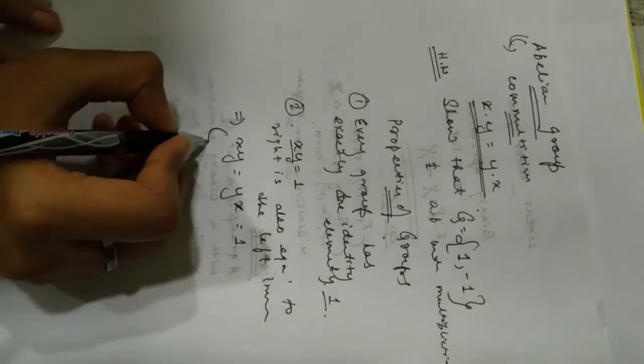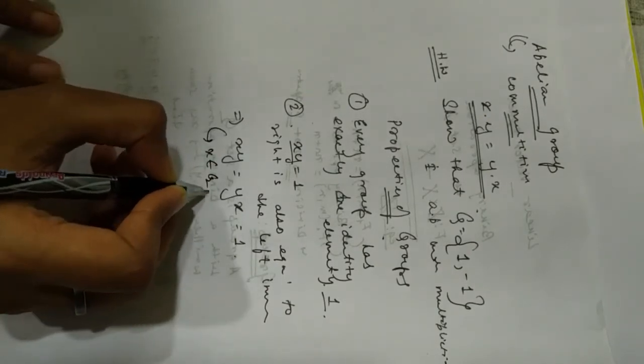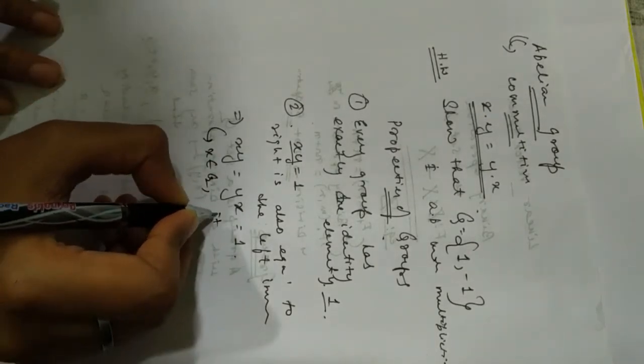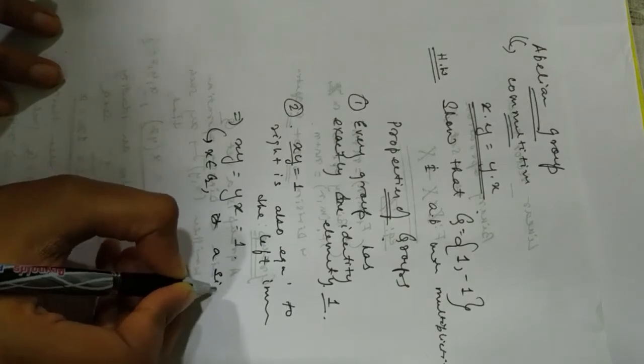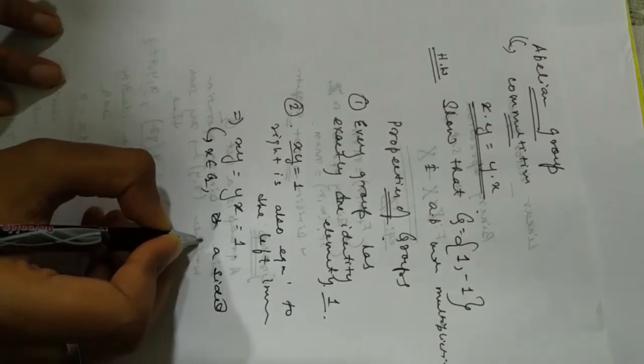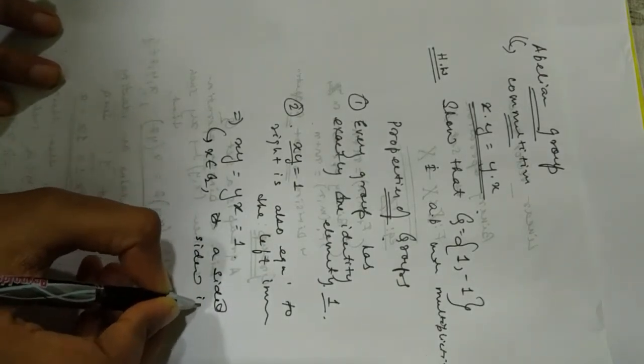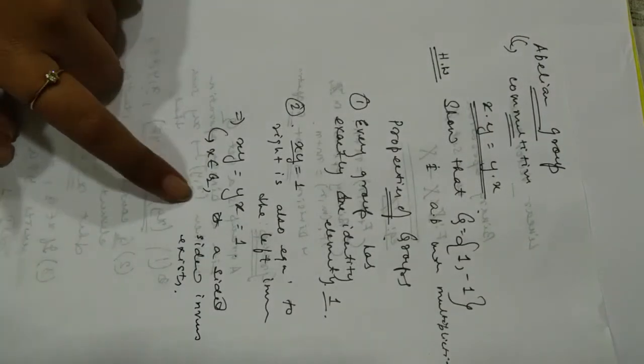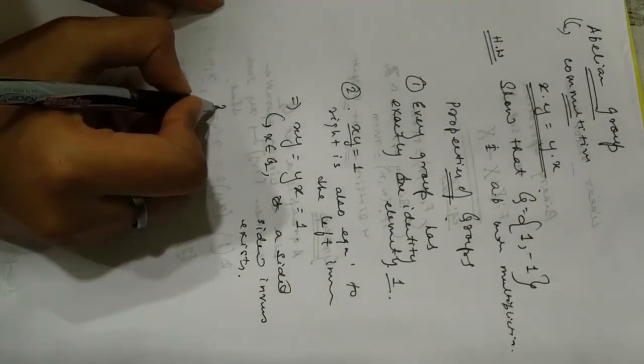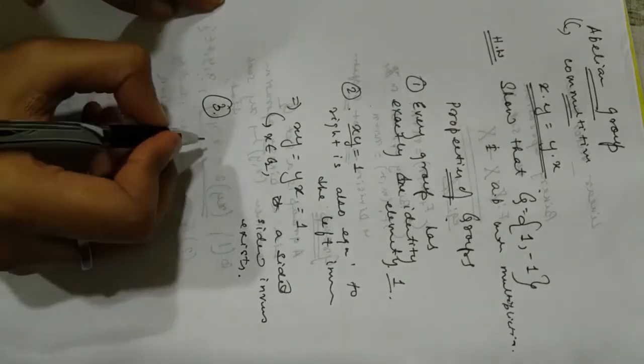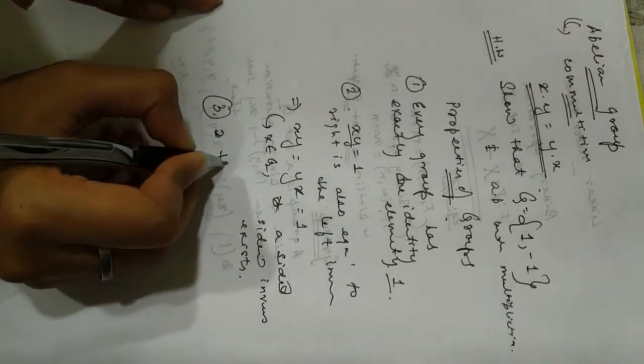That means for every element x belonging to G, a two-sided inverse exists. For all x belonging to a group, a two-sided inverse exists, okay? And the third property is the two-sided inverse is unique.